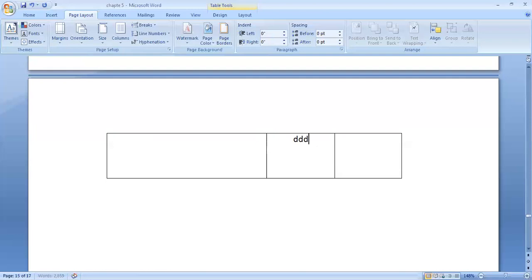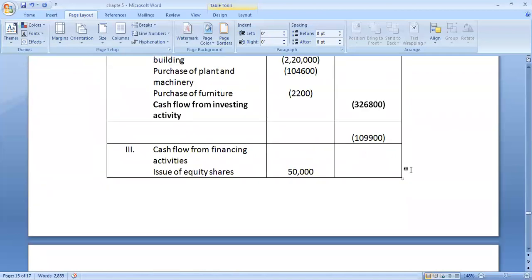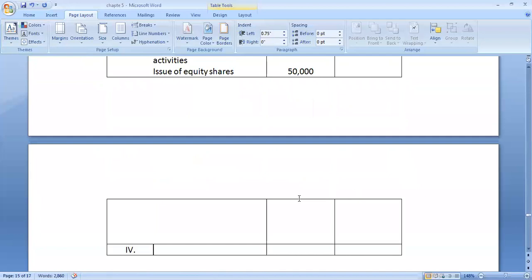So take the equity share, and there is also share premium, which is raised.